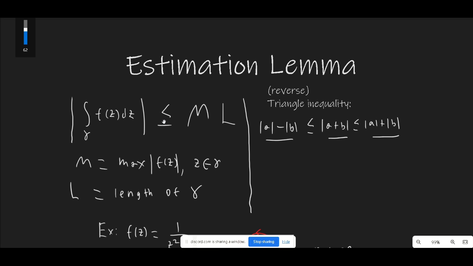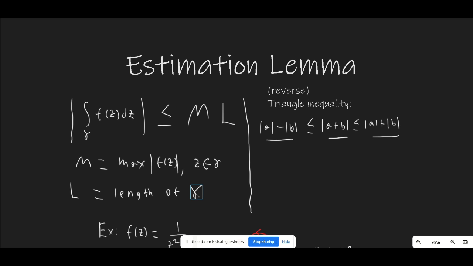So overall, we just end up with the maximum value times the length. With some basic reasoning, you can pretty much see that's going to end up being greater than or equal to the absolute value of the integral.